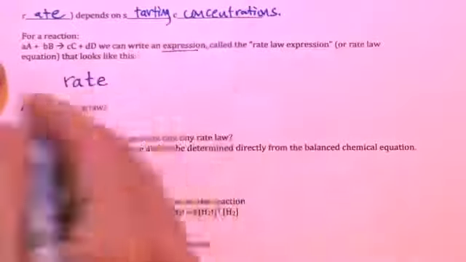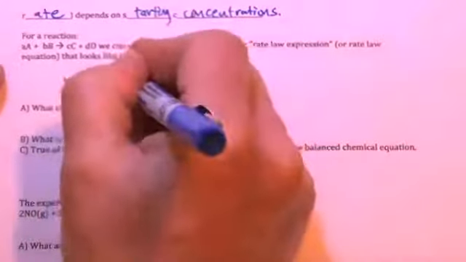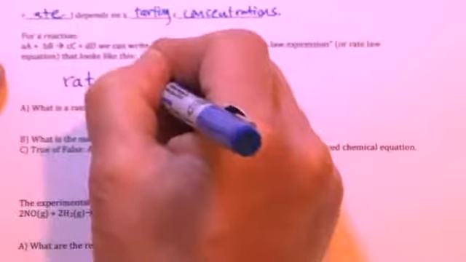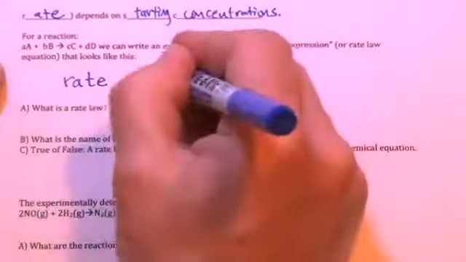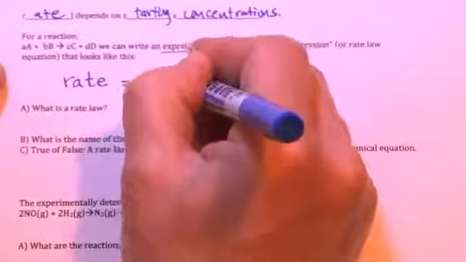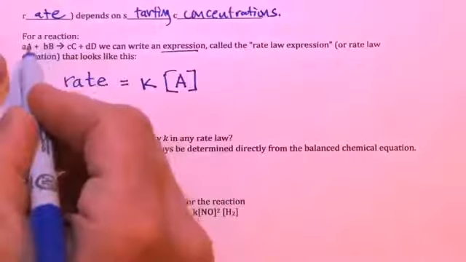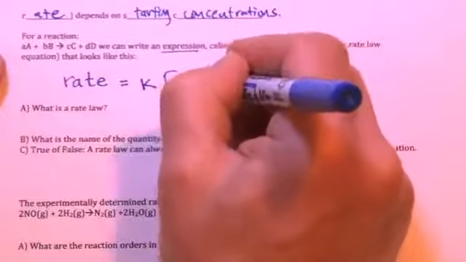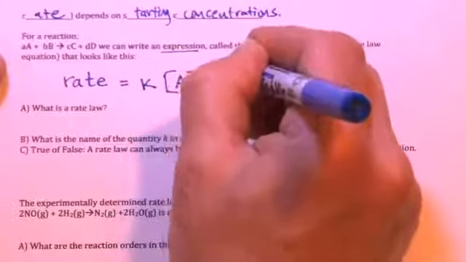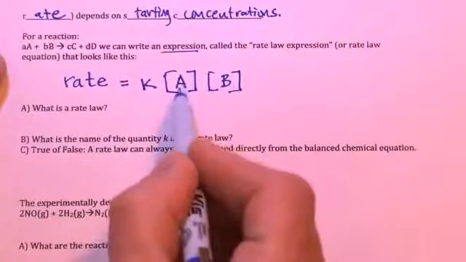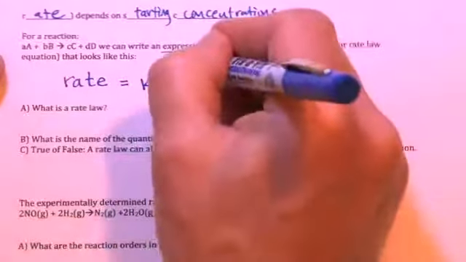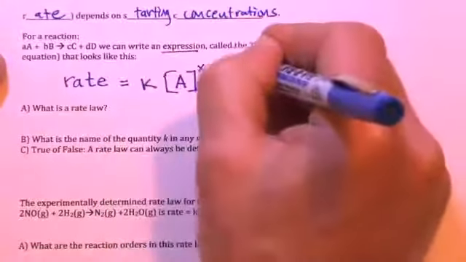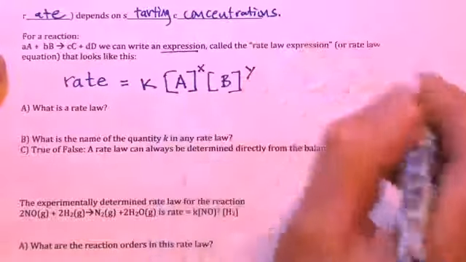You write the word rate is equal to some constant k, a lowercase k, which is known as the rate constant, times the concentration of the first reactant, A, times the concentration of the second reactant, B, and both concentrations A and B are raised to some power. We'll call it power X, and we'll call this one power Y.